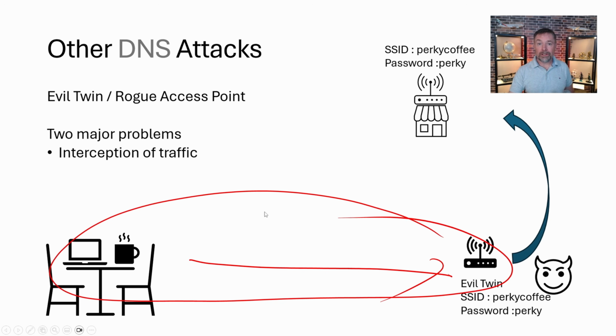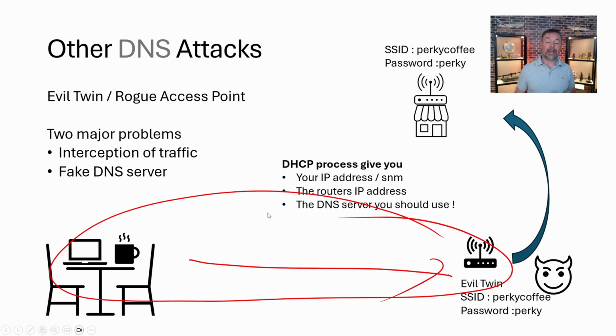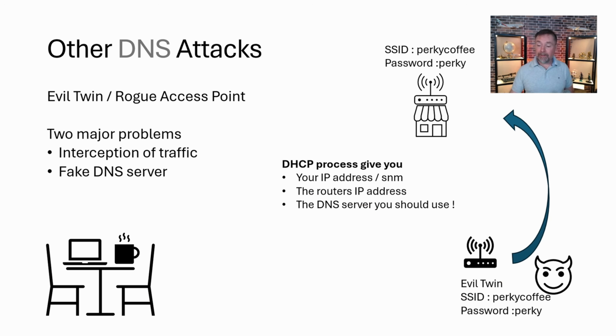But not only does it give you your IP address, it gives you your DNS server that it wants you to use as well. So if the attacker has a fake DNS server, either on the internet or connected to the router, it can happen that way too.